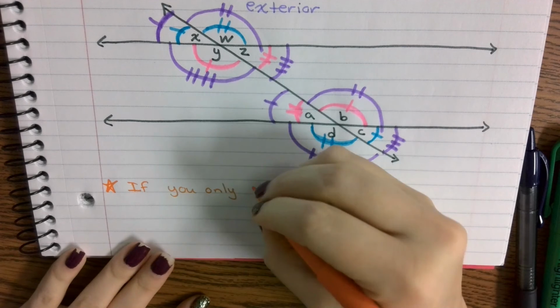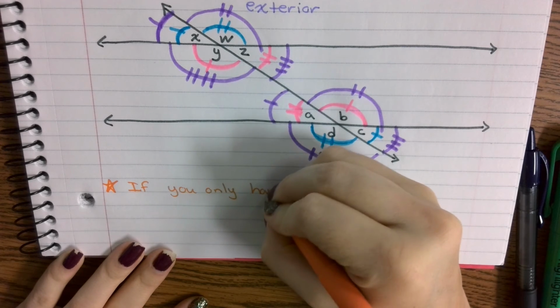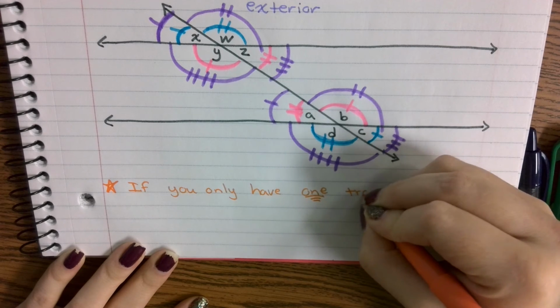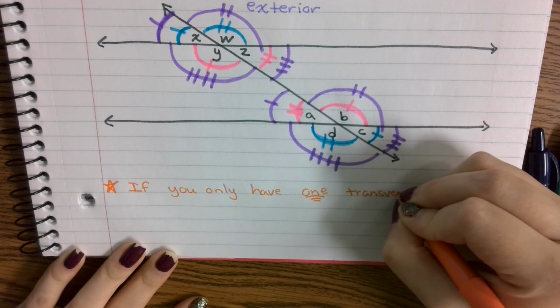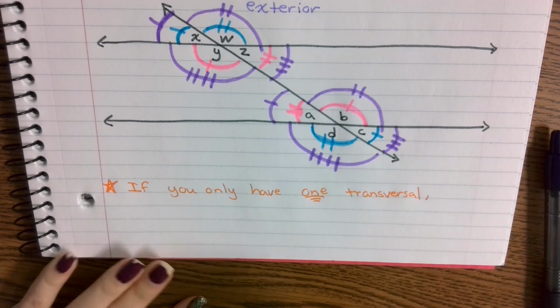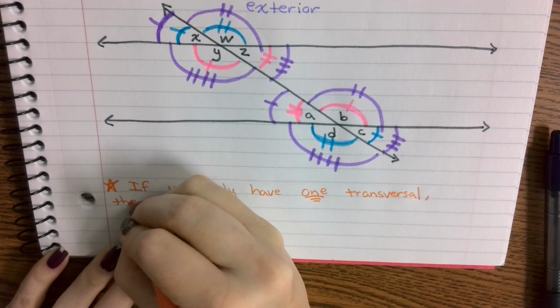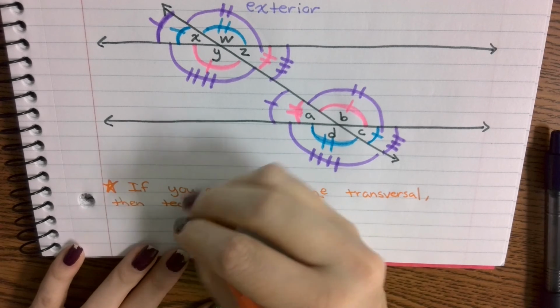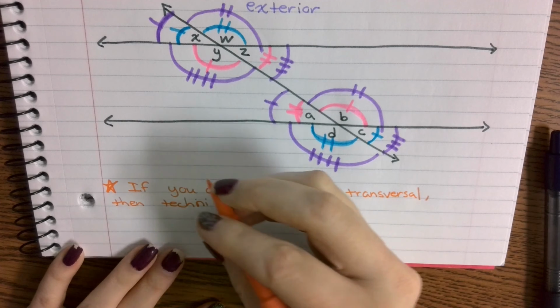If you only have one transversal, because you can have more than one transversal, but if you only have one transversal, then technically you only have 2 angles.